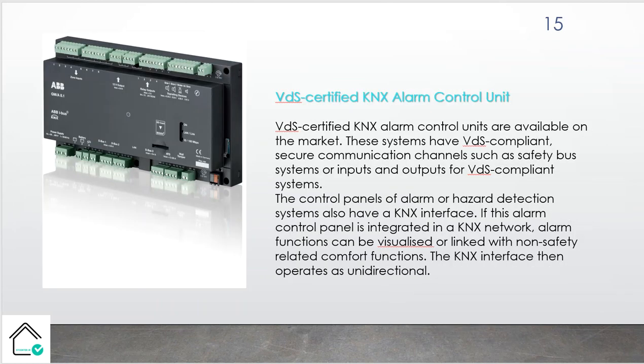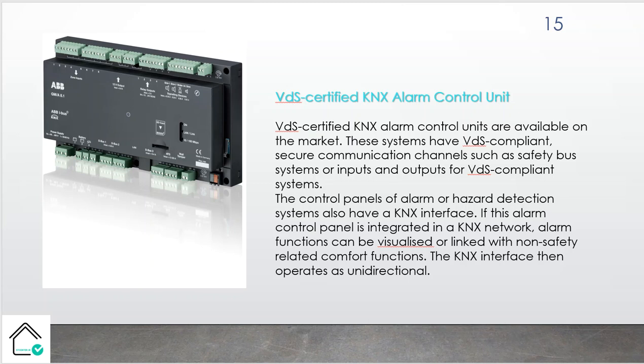So let's talk about the VdS-certified KNX alarm control unit from ABB. I think this is the only manufacturer to provide such products. Maybe Sattel also, I don't know. So let's go and see this center. VdS-certified KNX alarm units are available on the market.